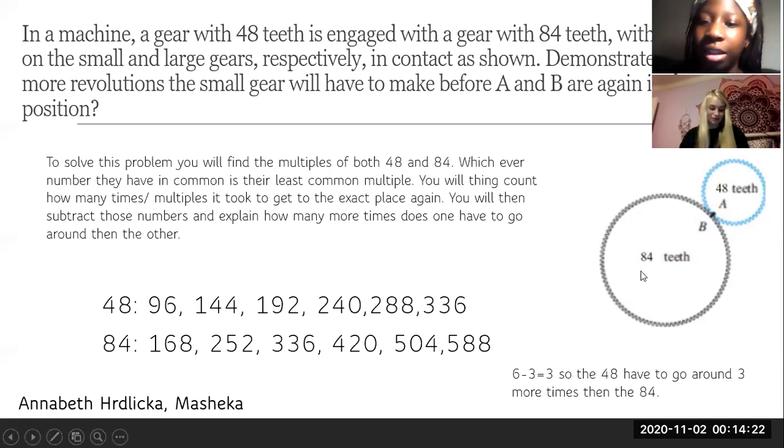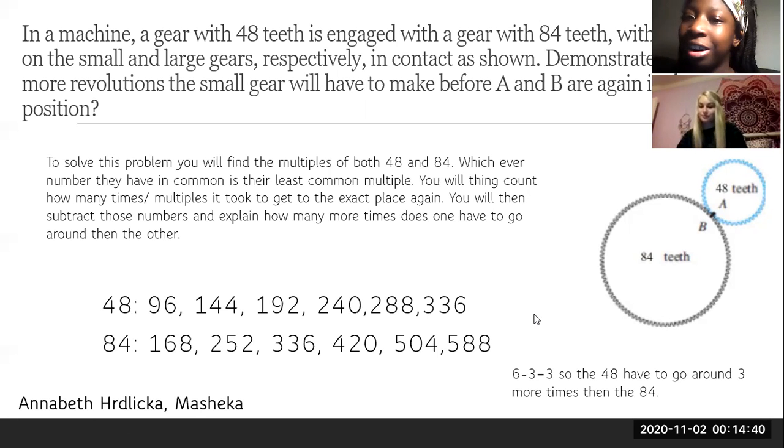Go ahead. Does this problem have both a greatest common multiple and a least common multiple, or just one of those? Well, if we continue the numbers, it will have another common multiple, but it will be so far into the problem that you'll have to keep adding.